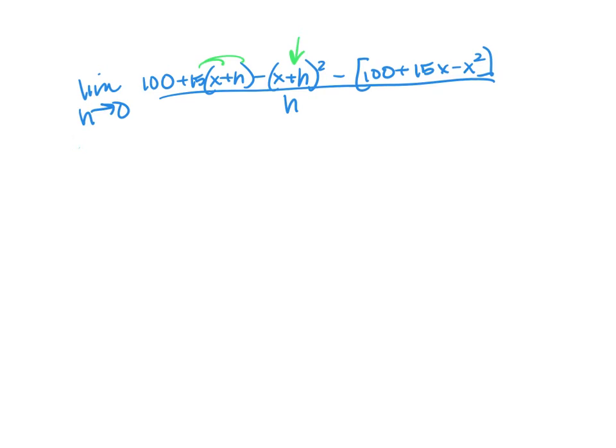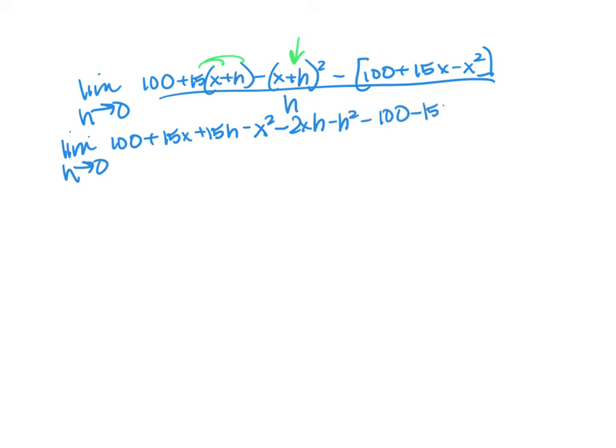Let me go back to blue. All right, so we have the limit as h goes to 0, the 100, the 15x, the 15h minus the x squared minus the 2xh and minus the h squared, and then minus the 100 minus the 15x and plus x squared, all over h.